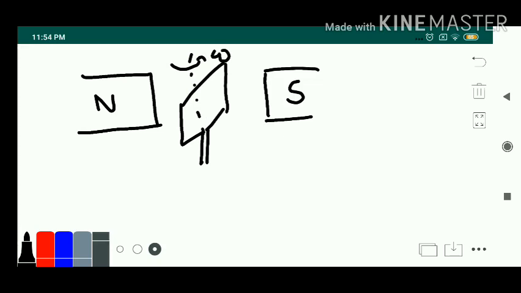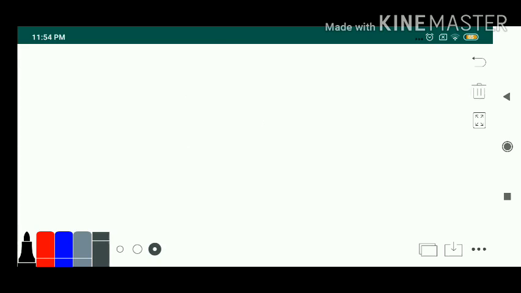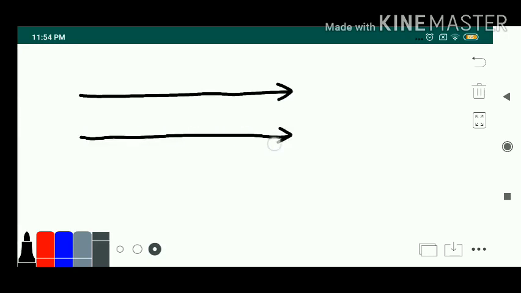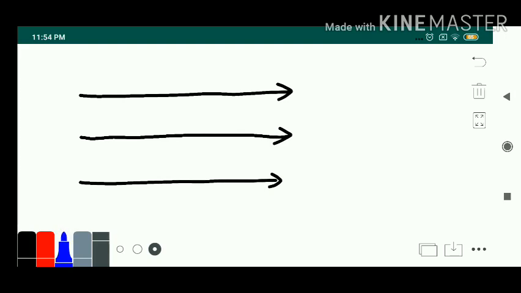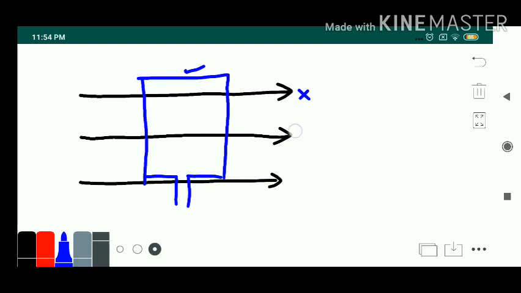Let's draw it in an elaborate way because some of the angles have to be marked. I'm going to draw the magnetic field lines. I hope you understand which pole is north and which is south. Now I have a coil like this, facing such a way that it is not cutting the magnetic field lines.